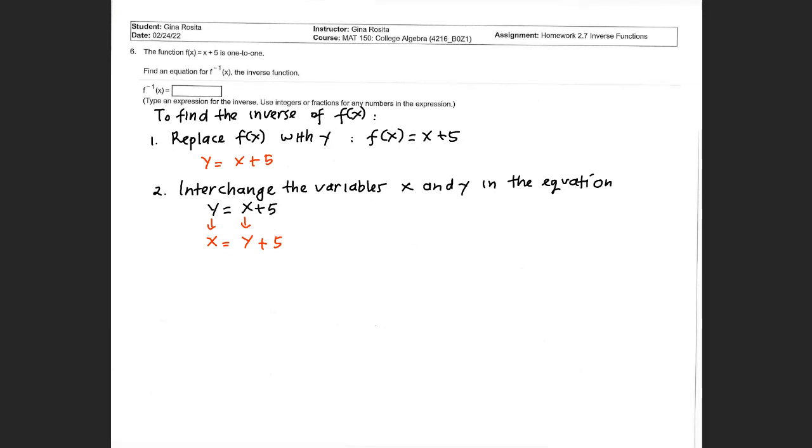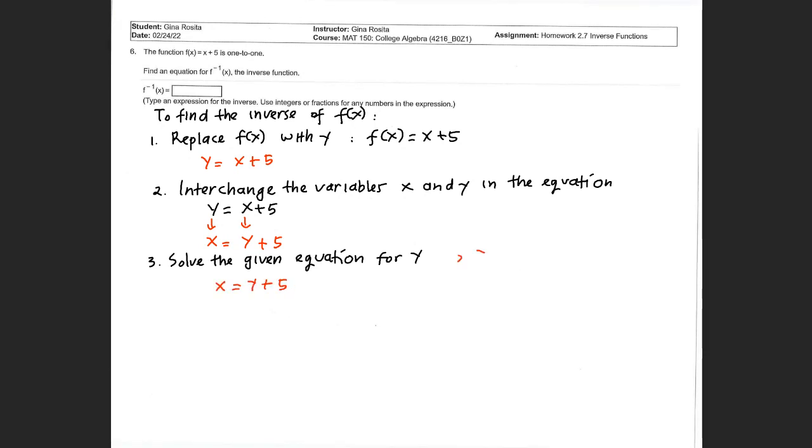Step 3. Solve the given equation for y. Write down again: x equals y plus 5.